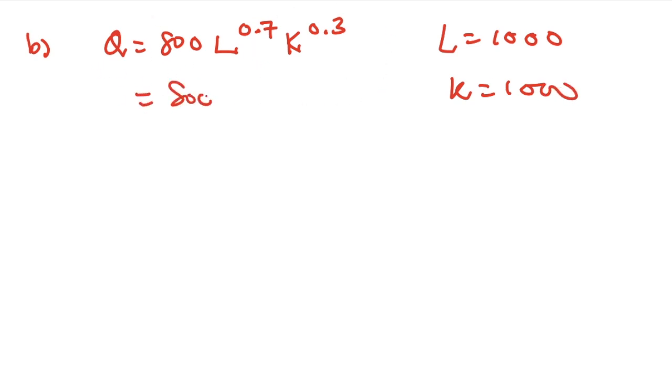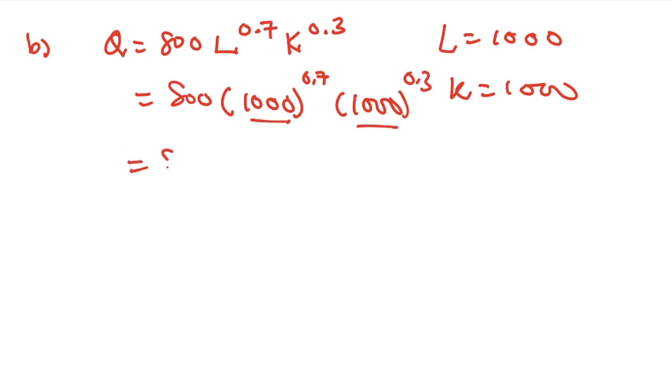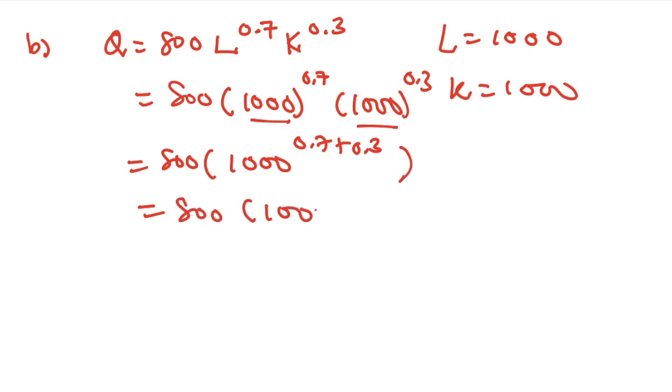So I get 800 times 1000 to the power of 0.7 and 1000 to the power of 0.3. You can see clearly the base is the same. So that means 800 times 1000 to the power of 0.7 plus 0.3. So it becomes 800 times 1000 to the power of 1, isn't it? So what happens here? Simply 800,000.